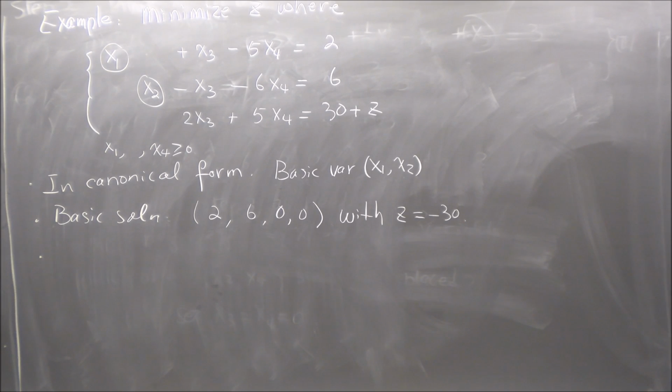All right. Okay, and then the final question. Let's say I ask you to solve this LP problem. And then you did this analysis, and now you're asking yourself, is z equal to negative 30 at that basic solution the minimal? Or should I carry out a step of the simplex? How do I know if this is a minimal or not?